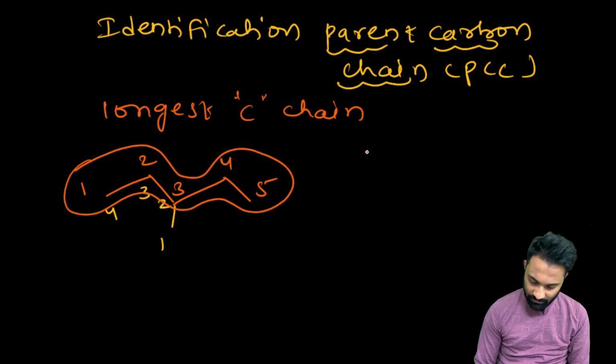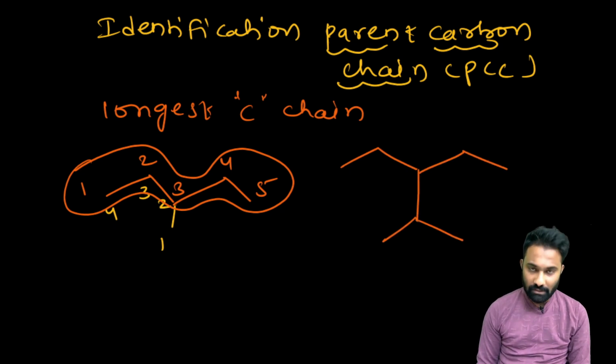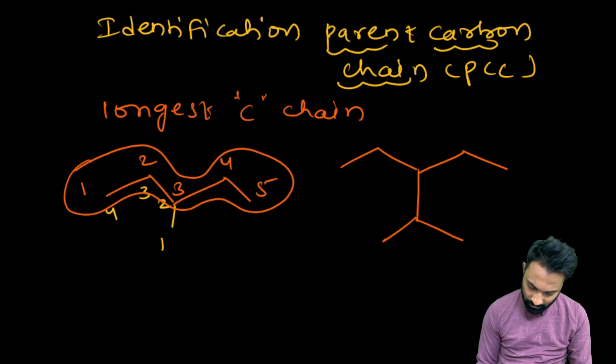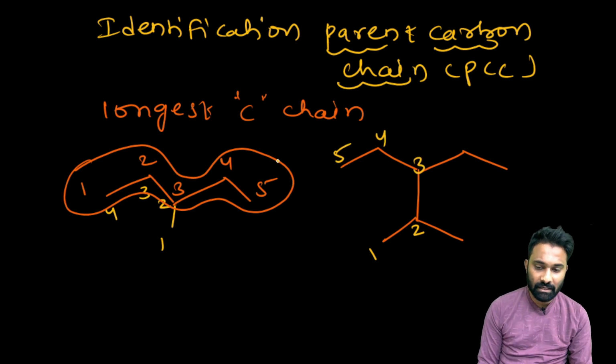Then next, suppose they have given it in this manner, then how to identify the parent carbon chain? Now if you give the numbering from here, 1, 2, 3, 4, 5. If you go left side, it becomes 4, 5 only. If you go right side, it becomes 4, 5 only. Both are the same.